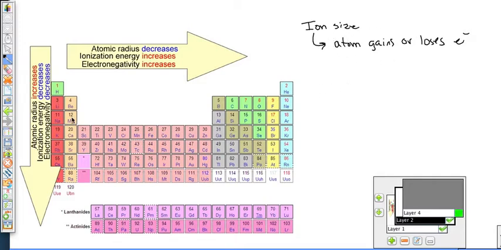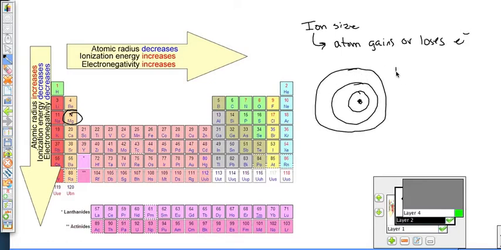So let's take a look at magnesium right here. Magnesium has energy level number 1, 2, and 3. Its electron configuration is 1s2, 2s2, 2p6, 3s2.